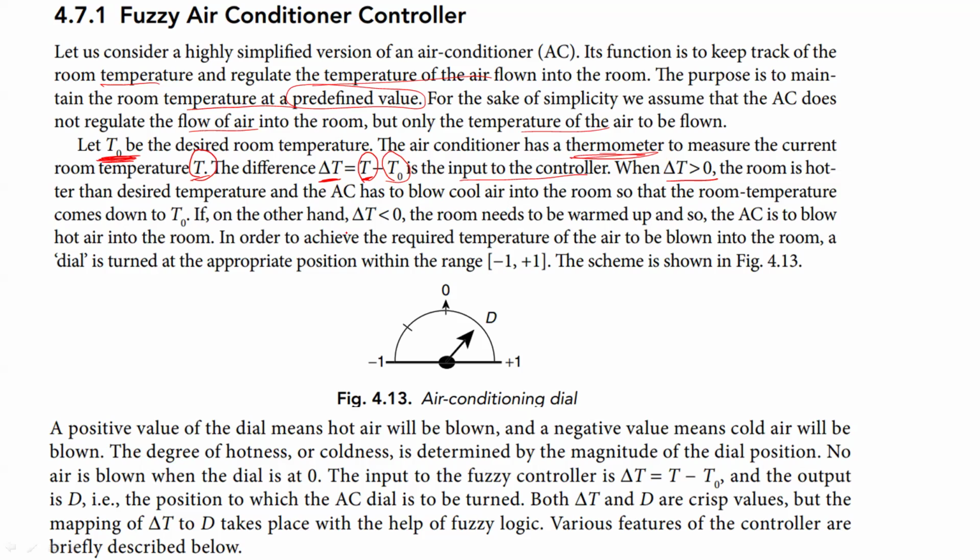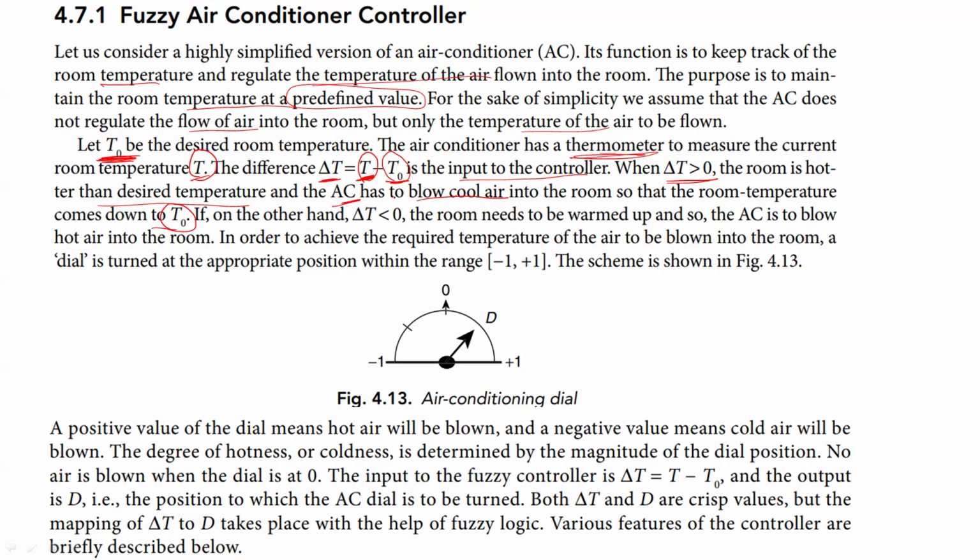If you have a higher temperature, the room is tending towards a hotter climate, and we want to cool the room. So if delta T is greater than zero, the room is hotter than the desired temperature, and the AC has to blow cool air into the room so that the temperature of the room comes down to T0.